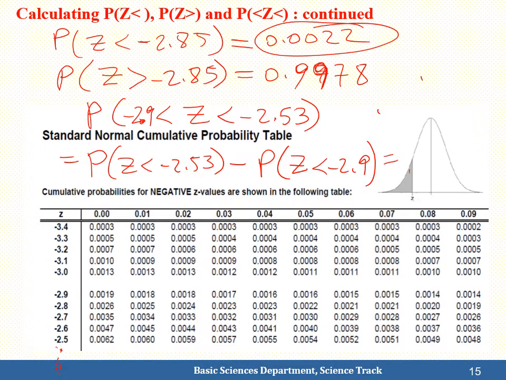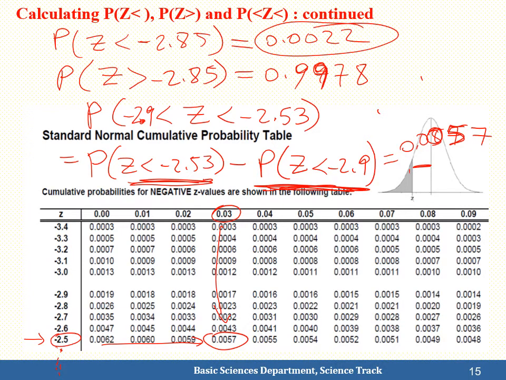Now we will find negative 2.53: negative 2.5 is here, 3 is here, so we get 0.0057. Minus, we look at negative 2.9, but there's no third digit here, so it will be just 0.00, which corresponds to 0.0019.